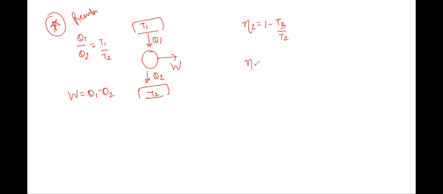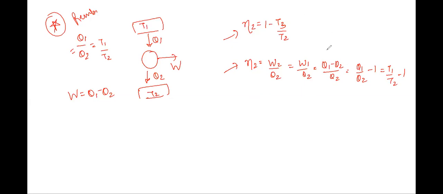And one equation from the expression W2 upon Q2, which is nothing but W1 by Q2, which is equal to (Q1 minus Q2) upon Q2, which is Q1 by Q2 minus 1. And as we know, Q1 by Q2 is T1 by T2. So it becomes T1 by T2 minus 1. Simple step. This was step 1, this was step 2.